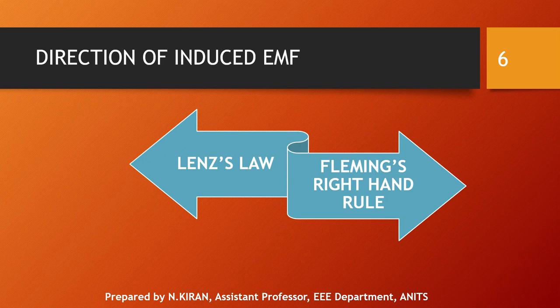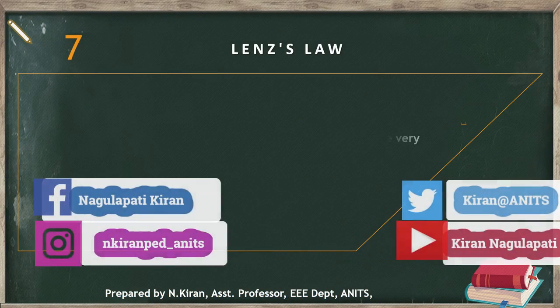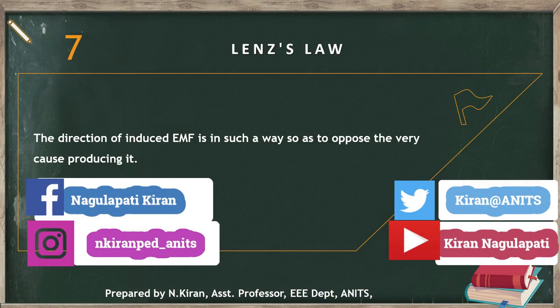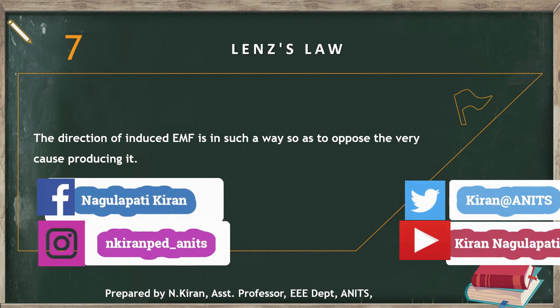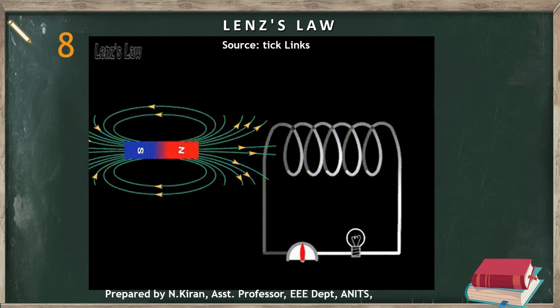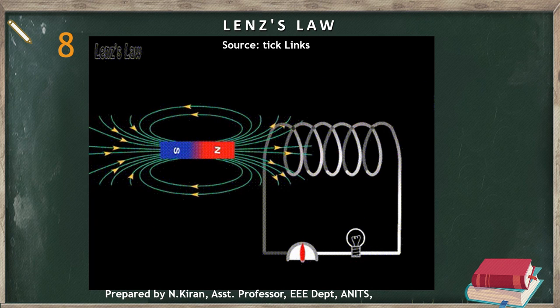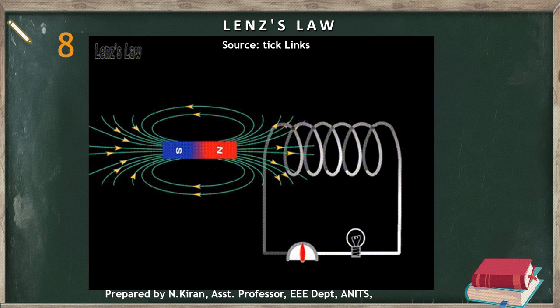The direction of induced EMF can be given by Lenz's law and Fleming's right-hand rule. Lenz's law states that the direction of induced EMF will be in such a way as to oppose the very cause that is producing it. So this is a small illustration of Lenz's law. I have a bar magnet, and a coil with a galvanometer and bulb indicator.